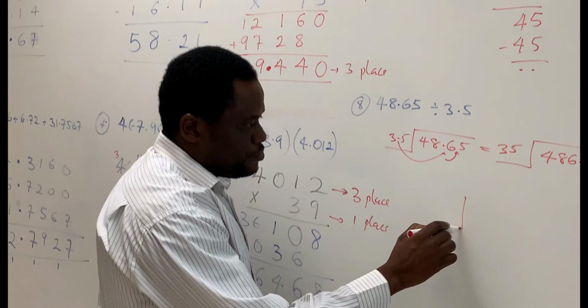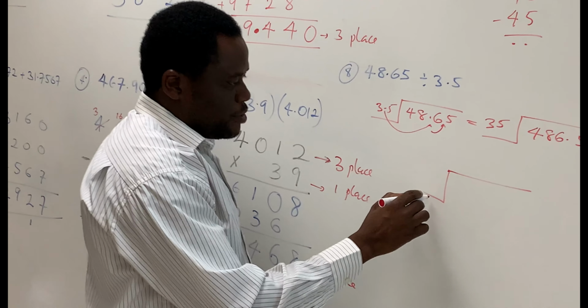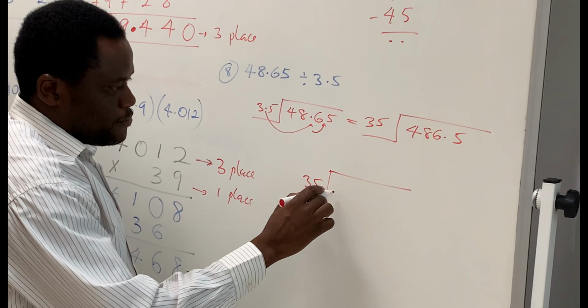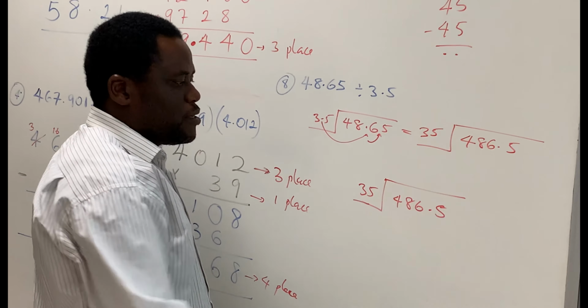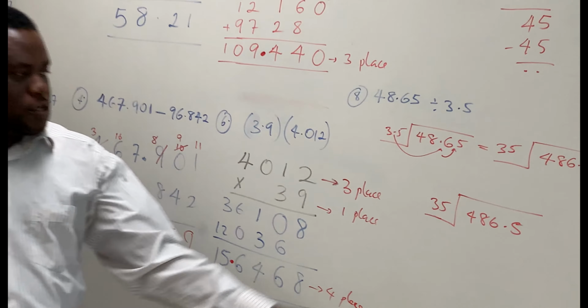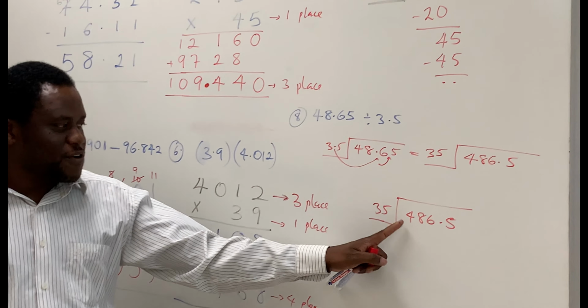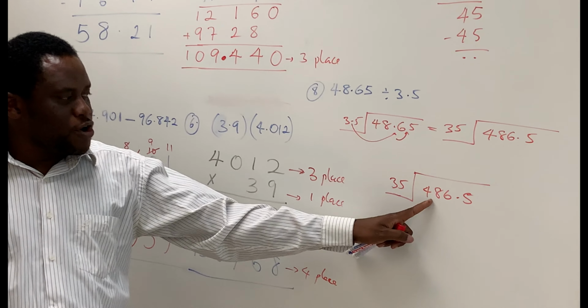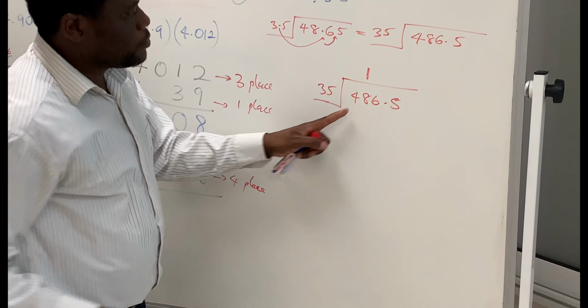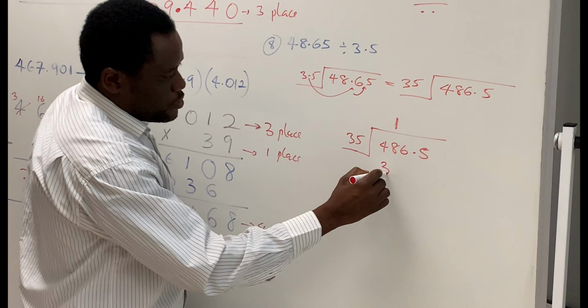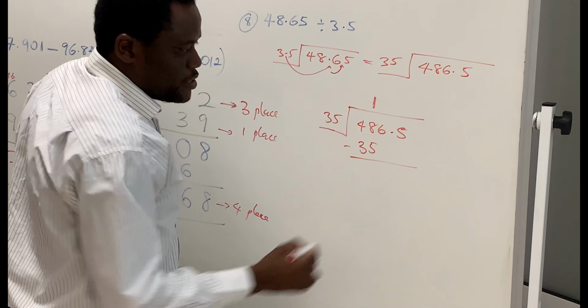So now, let's solve the problem. 35, 486.5. Now, 35 cannot go in 4, but it can go in 48, which is 1. Multiply it, gives us 35, you minus it, right?